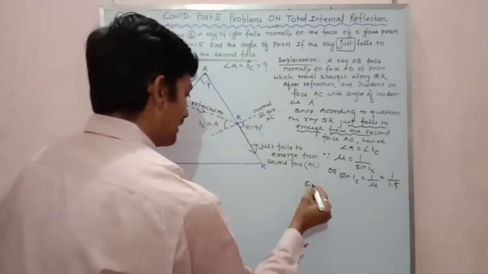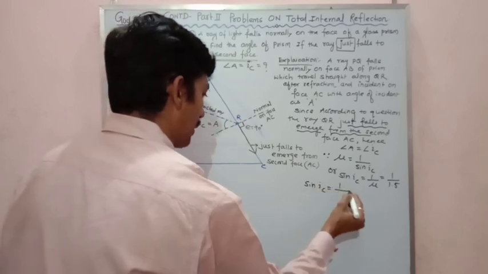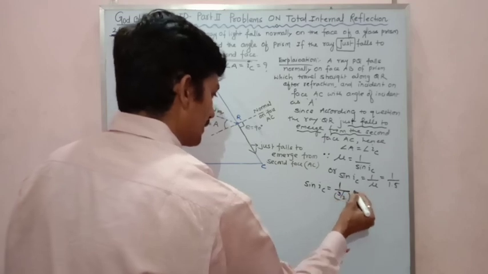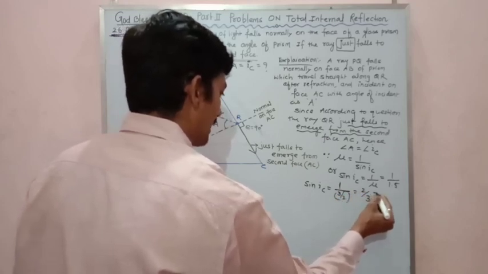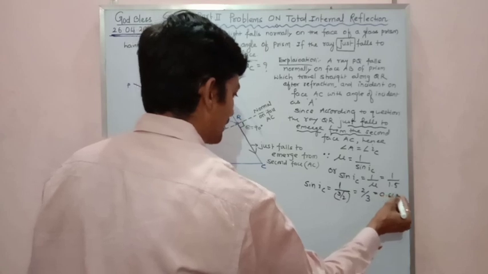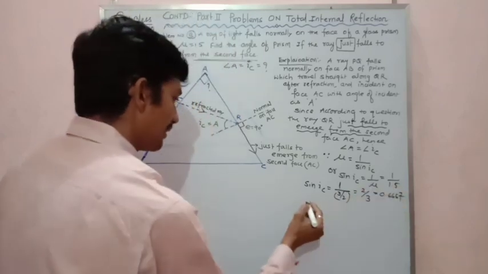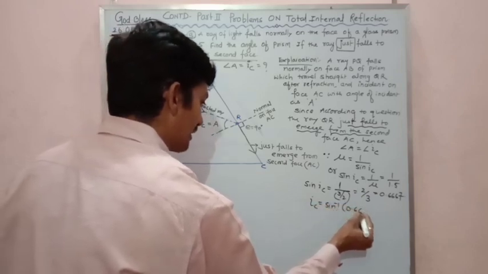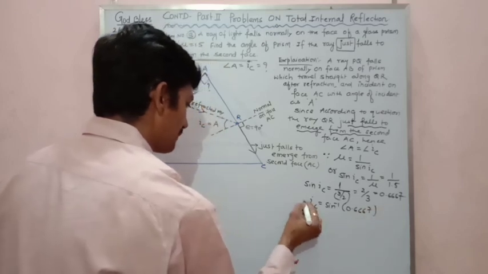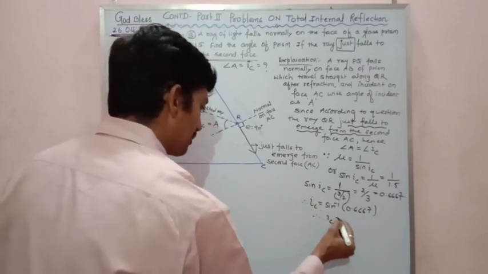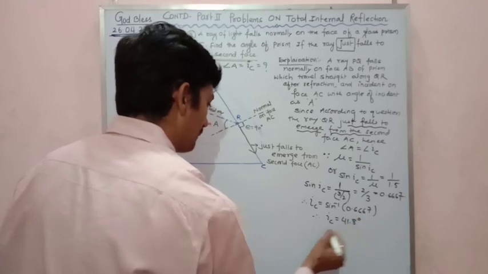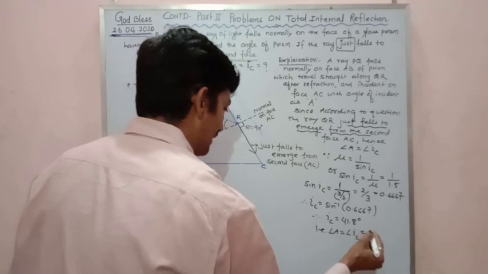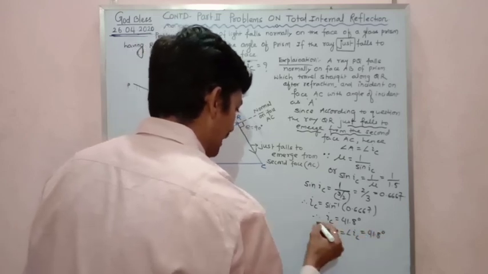So sin IC is equal to 1 upon 1.5, I can write 1.5 as 3 by 2, that is nothing but 2 by 3, that is nothing but 0.6667. So IC is equal to sin inverse of 0.6667. Therefore IC is equal to 41.8 degree. That is, angle A is equal to angle IC, and that is equal to 41.8 degree. That's the answer.